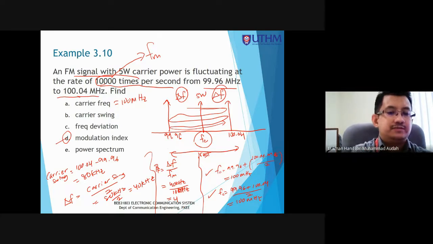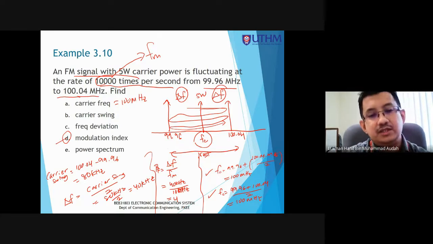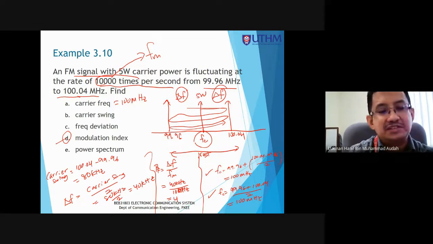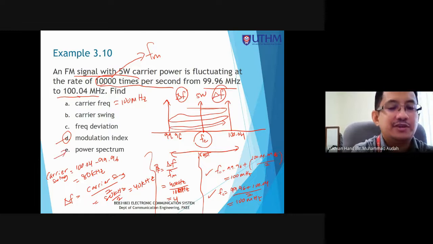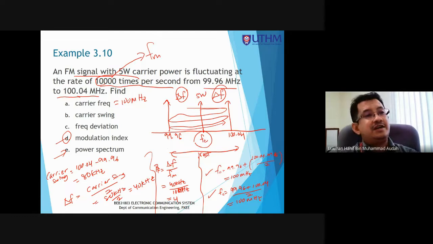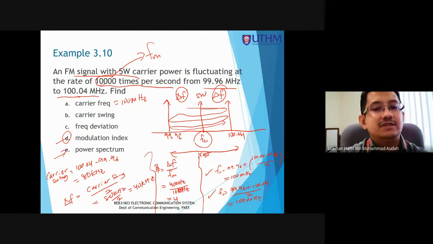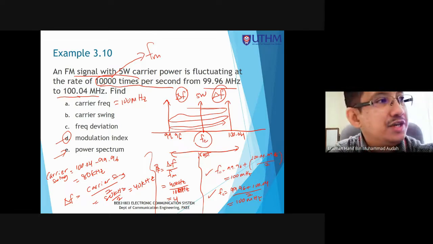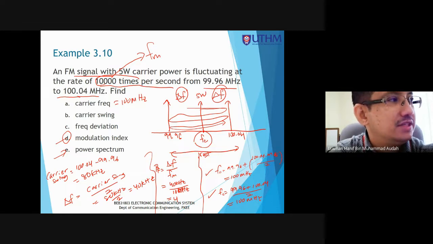And then what? Power spectrum. Find the power spectrum. Ini satu hal lagi ni. Find the power spectrum for beta equal to 4. Yang ni penat sikit lah soalan ni. Okay, soalan ni agak penat. Kenapa penat? Nanti you akan nampak lah.